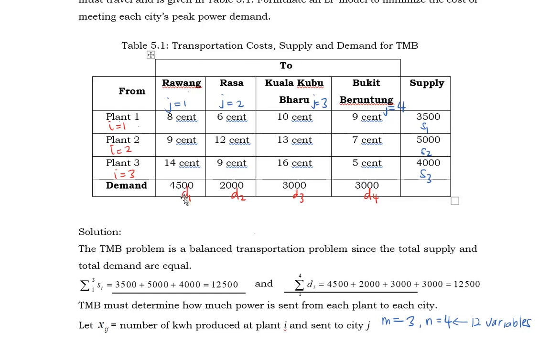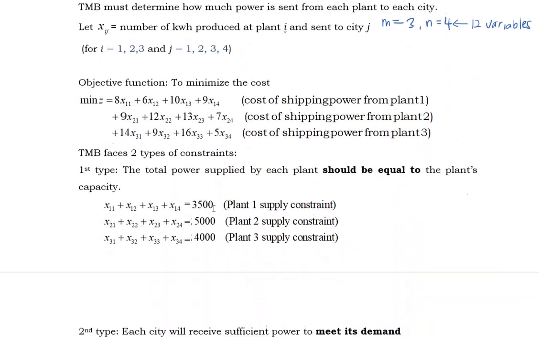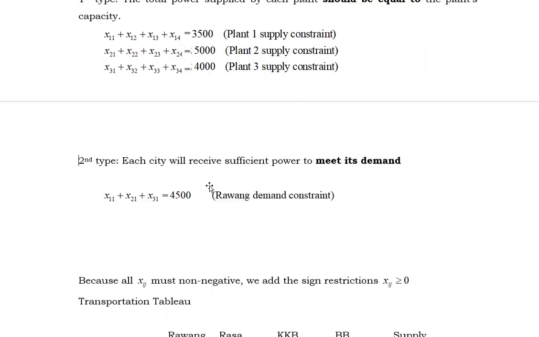So, we obtain the following constraint: x11 plus x21 plus x31 equal to 4,500. Similarly, we obtain a constraint for other cities. A constraint that ensures that a location receives its demand is a demand constraint.